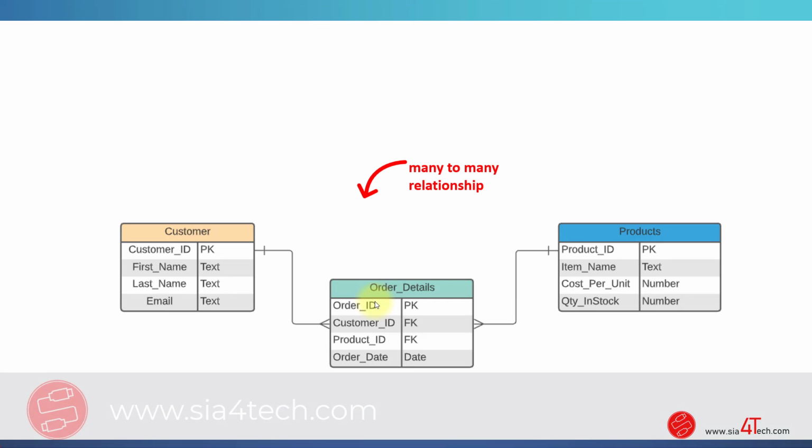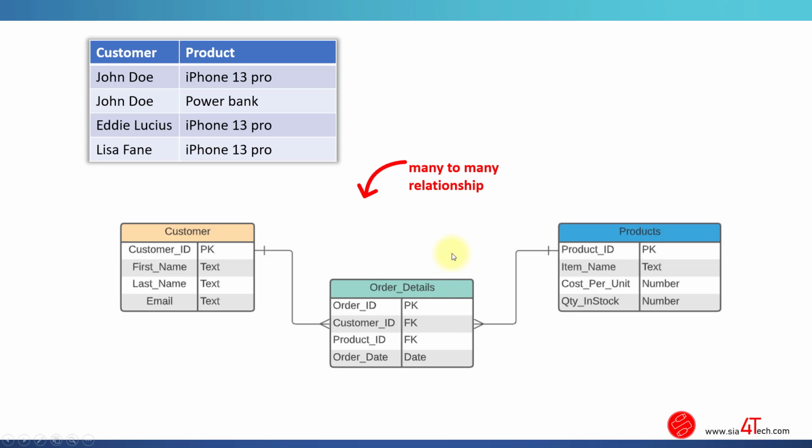The other type of relationship is the many-to-many relationship. As you see, a customer and product have a many-to-many relationship. They are joined together using a join table or intermediate table.